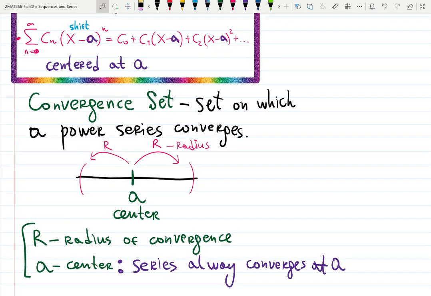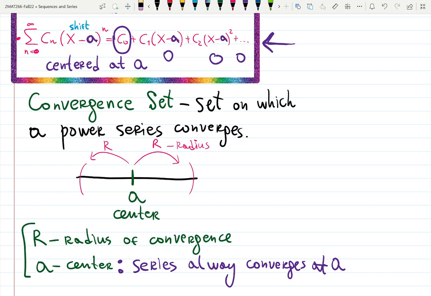Why does it always converge at A? For now, it sounds like a very theoretical fact, but it actually has lots of applications, and it's pretty clever. If I plug A into this series, I will have zeros all the way. See? I'll have 0, 0, 0, except the very first term. So the series converges to a finite number.